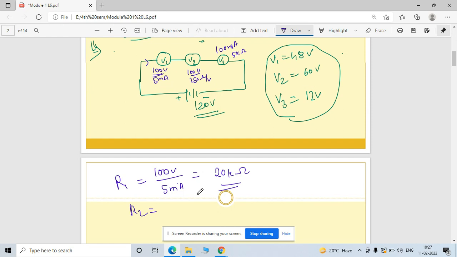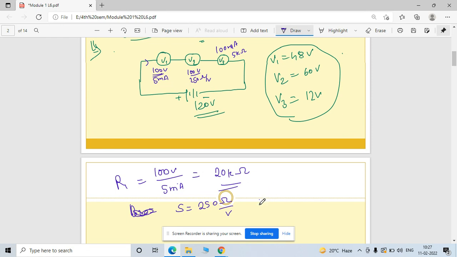R2 value is here, the voltage and the sensitivity are given to you. Sensitivity is nothing but here 250 ohm per volt. Voltage is given to you.